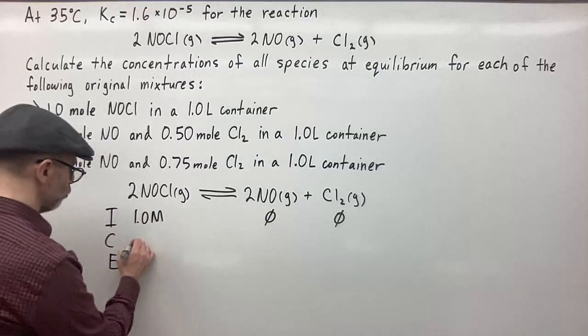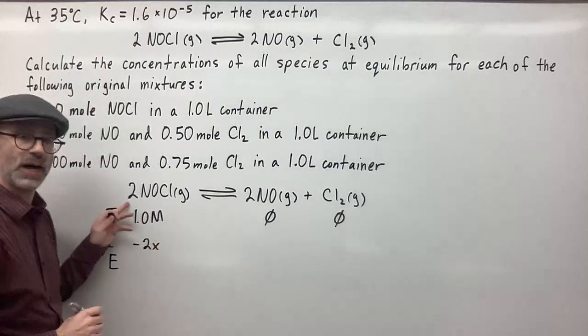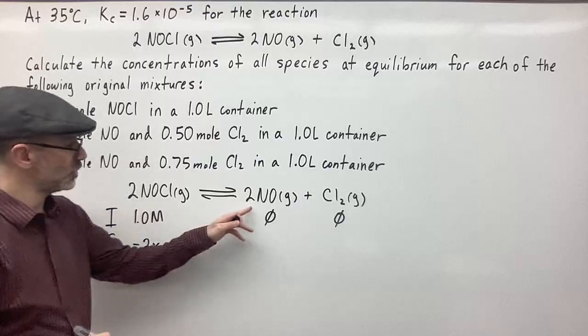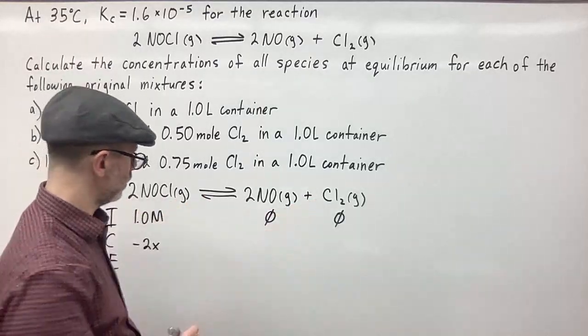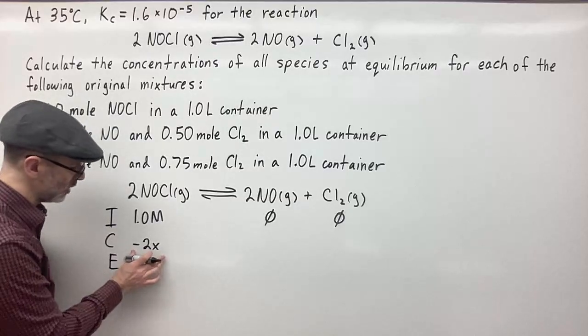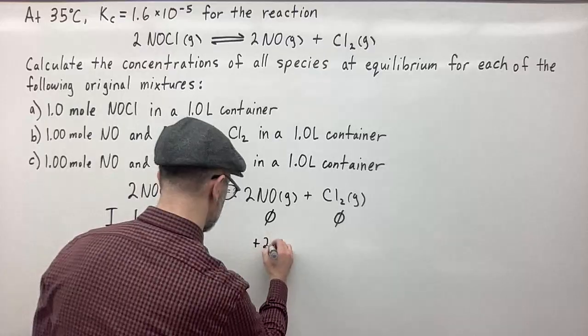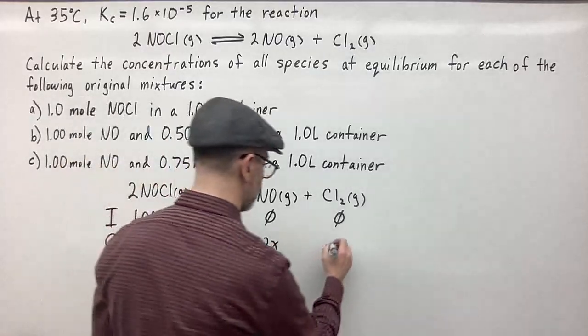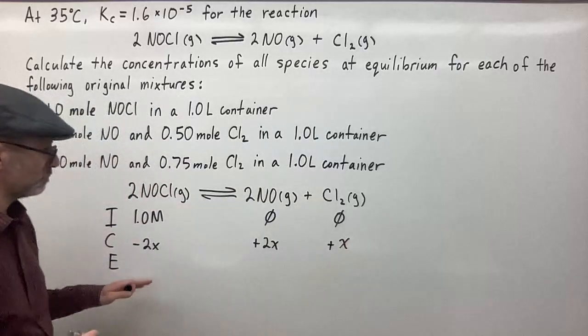So we're going to lose a 2x amount here because we're following the stoichiometric ratios. Right, so we have the coefficients 2, 2, and 1. So we're going to lose a 2x here, and we're going to gain a 2x amount there, and we're going to gain an x amount there.